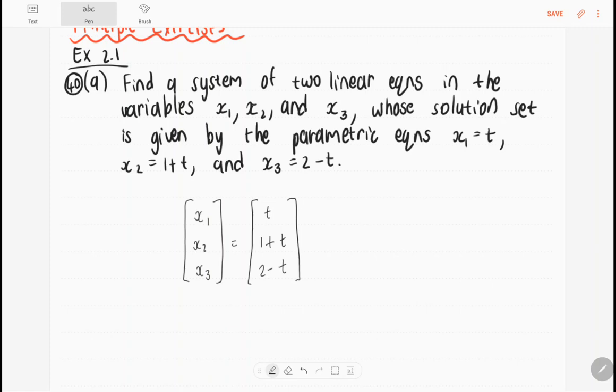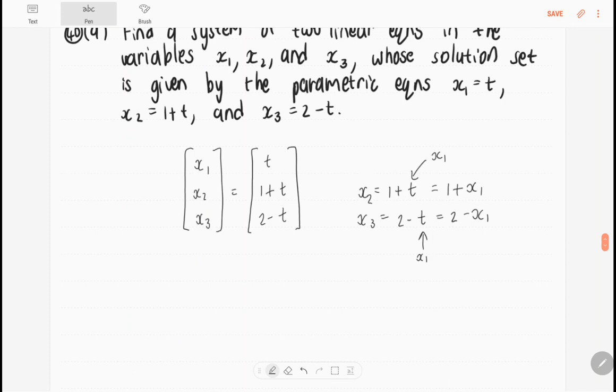Since I have x2 equals 1 plus t, and t equals x1, it means x2 equals 1 plus x1. And I also have x3 equals 2 minus t, but t is x1, so it is 2 minus x1.